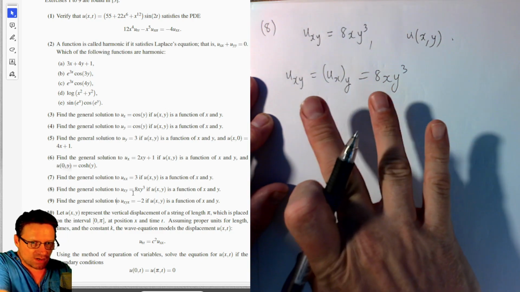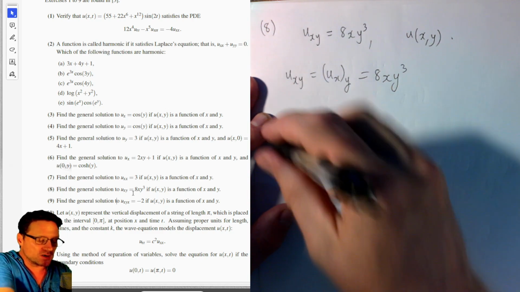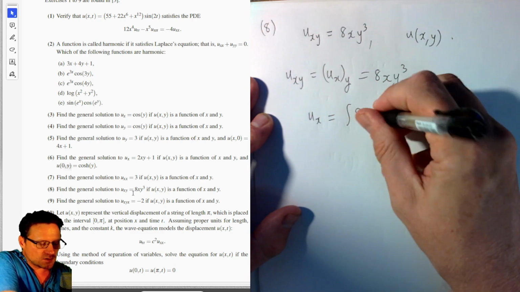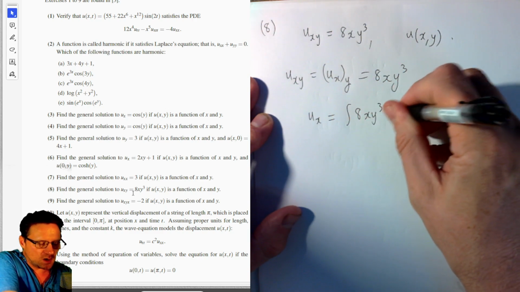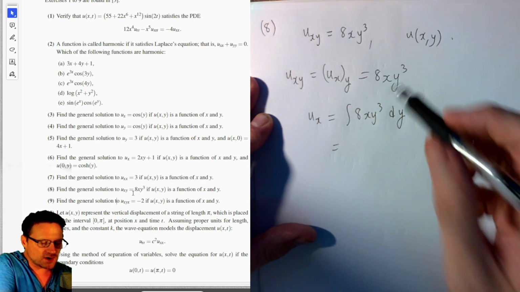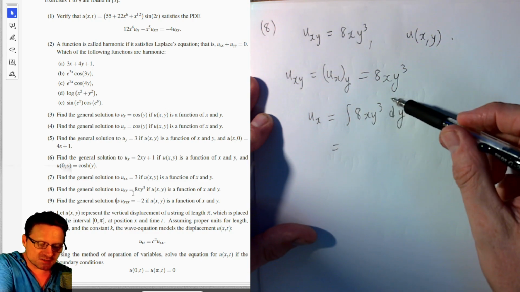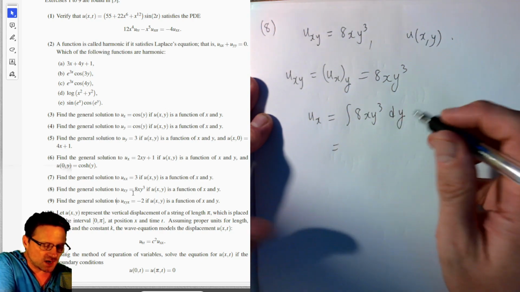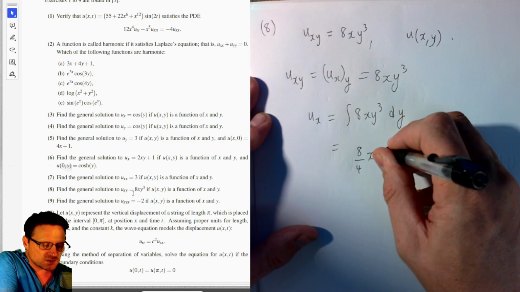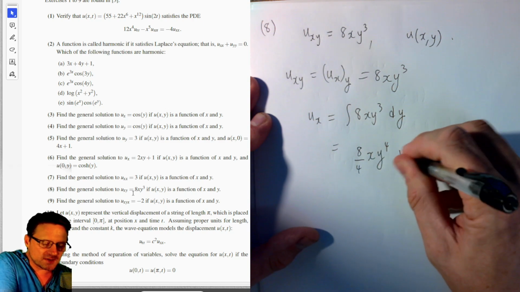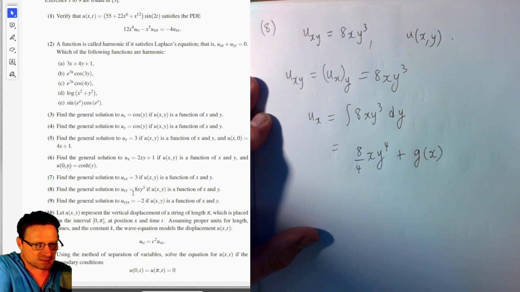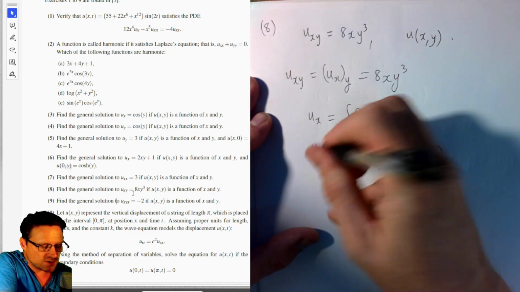So we want to integrate this line with respect to y partially. So we get ux is the integral of 8xy cubed dy. So integrating this with respect to y, we add 1 to the exponent of y, divide by the new exponent. So we have 8 over 4 xy to the power of 4, and then plus some function g of the other letter, x. So this is ux.